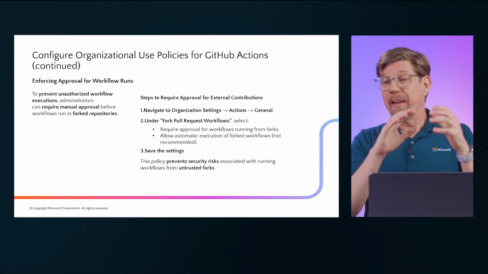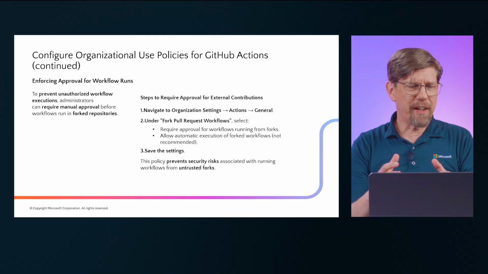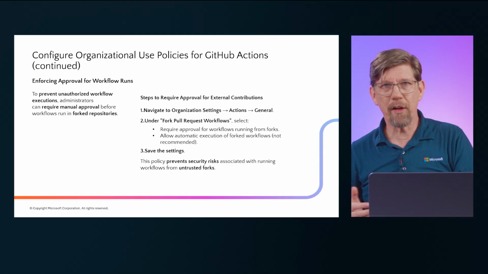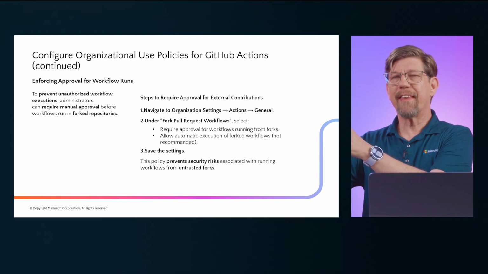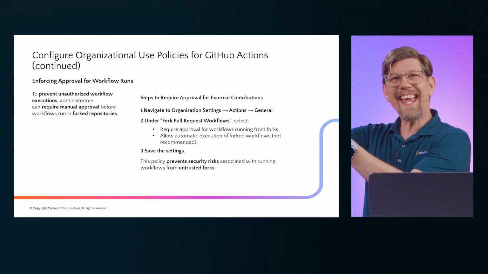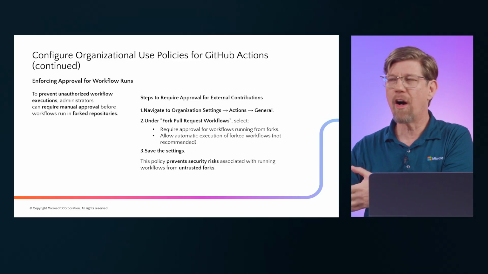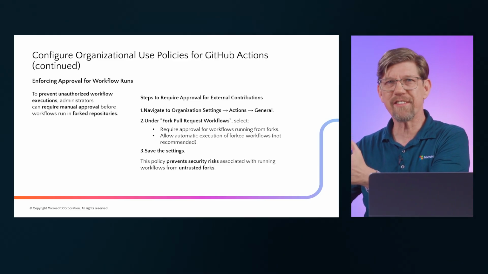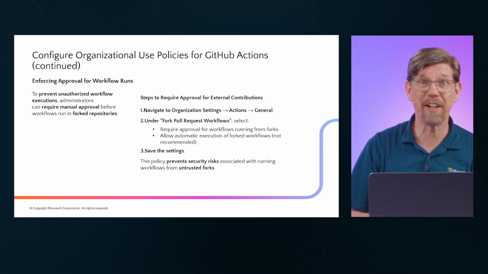Here's the thing, the actions and the workflows themselves are written in those repositories. We don't necessarily know what they have done in those repositories, and the vast majority are probably perfectly safe, innocuous, helpful contributions from the outside world.